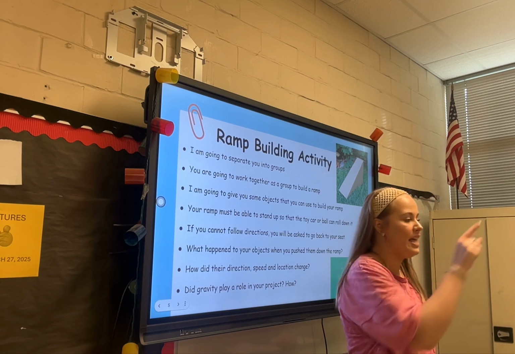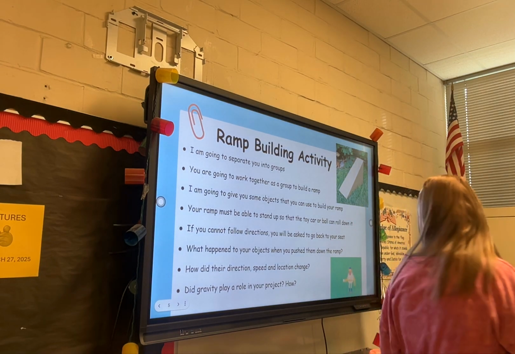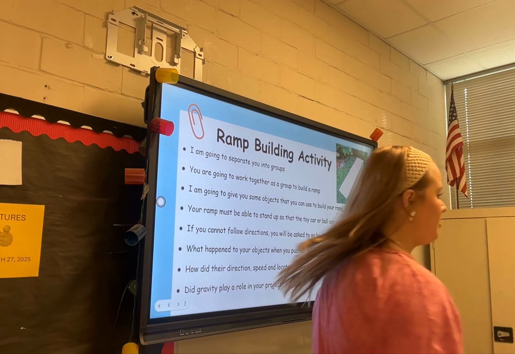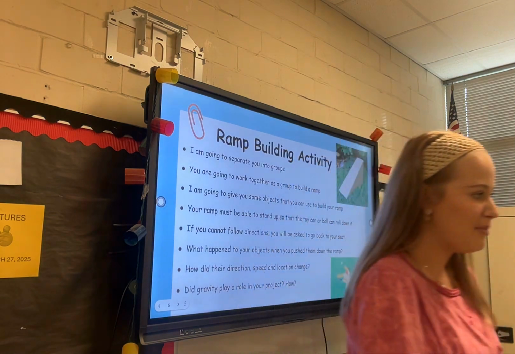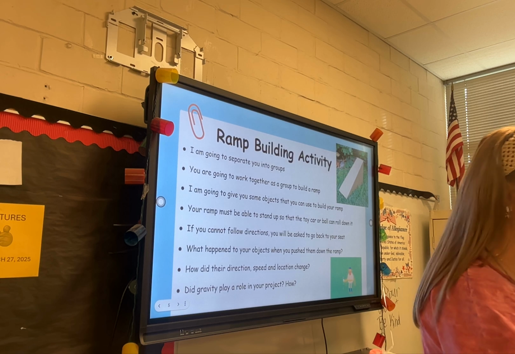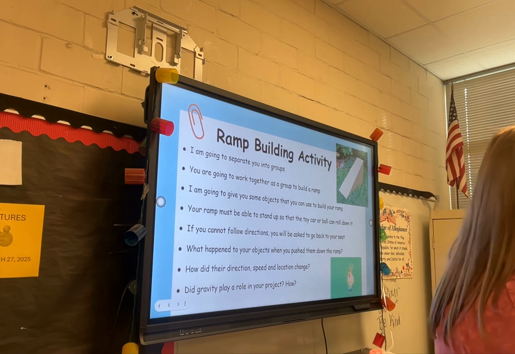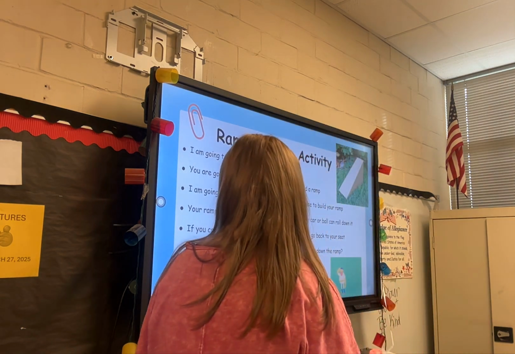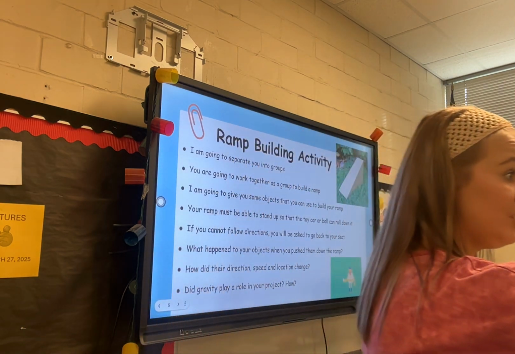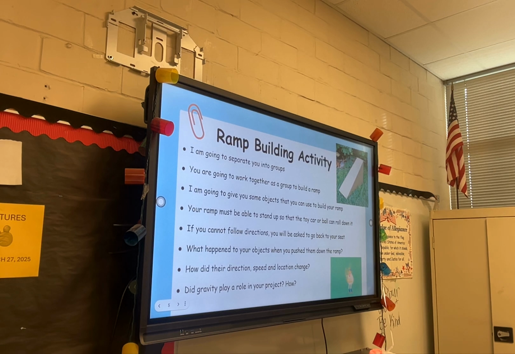It increased. It went faster. So how did the location of the pencil change? Did it stay in the same spot when you rolled it? No. Where did it go? It went down the ramp, to the bottom. What direction did the pencil go? Straight down, side to side. Yeah, straight and side to side.